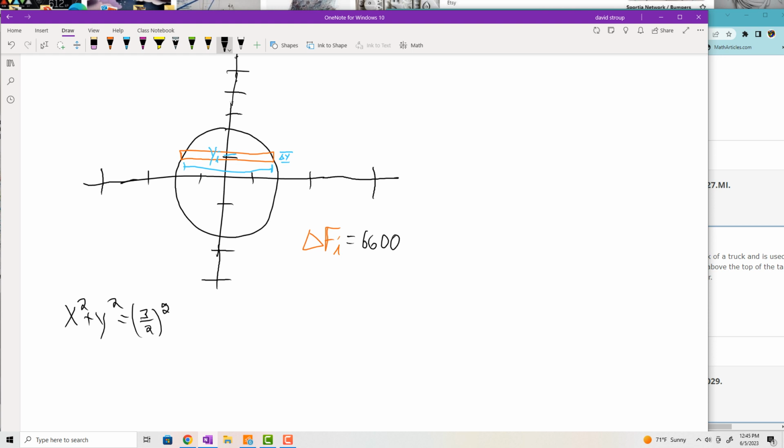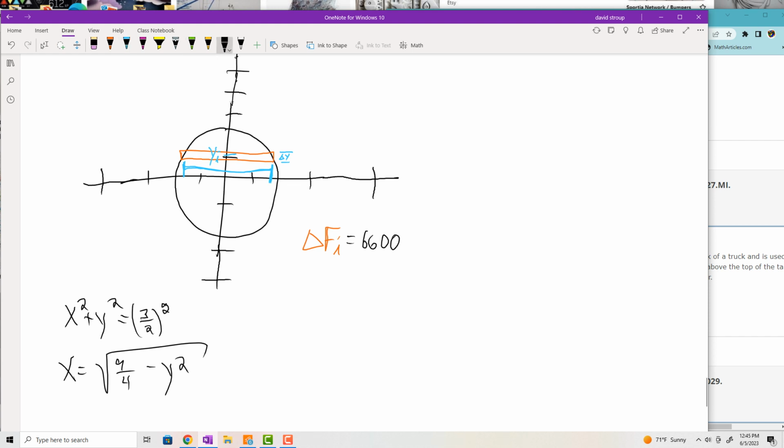And so our formula in terms of y will end up being the square root of 9/4 minus y squared. So our formula then is going to be 2 times that, right? So just x equals square root of 9/4 minus y squared will give you half the distance, but we need the full distance all the way across from the left there to the right.